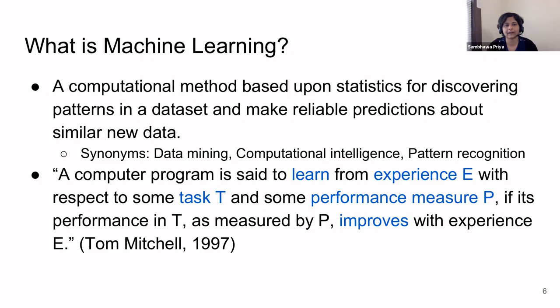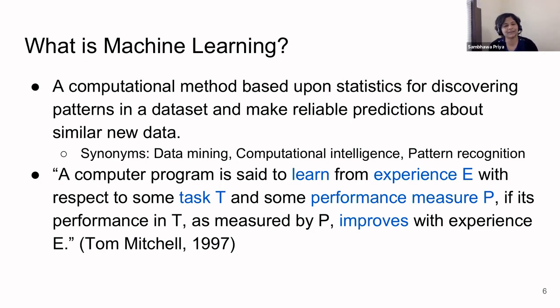If its performance in the task T, as measured by P, improves with experience E. That was a definition given by Tom Mitchell in 1997, and I just wanted to give an overview of that.